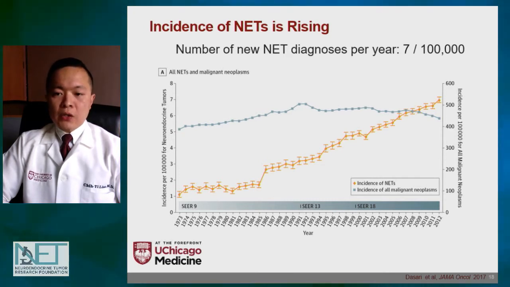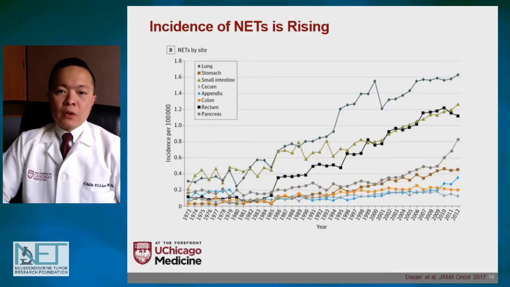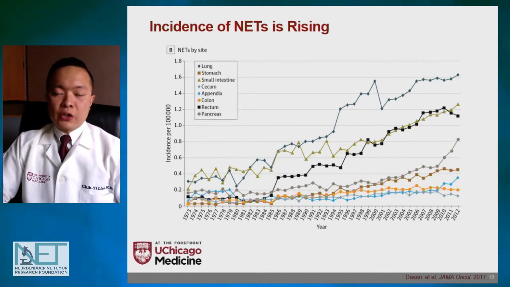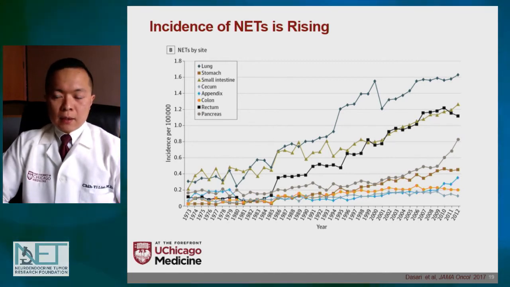In the gray line, you see the incidence of all cancers, and you can see there was a slight increase in the 80s and 90s, but then the incidence of all cancers has leveled off recently. If you look at the incidence of neuroendocrine tumors by subtype, you see that the incidence of almost all subtypes is increasing.